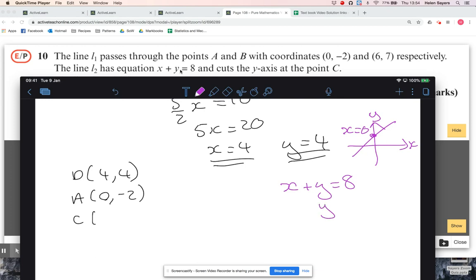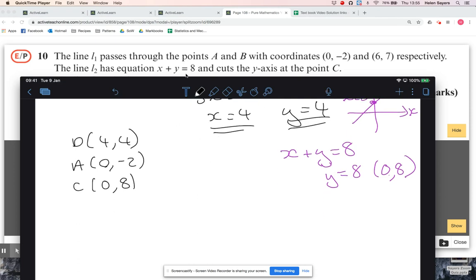So when x is 0, y is 4, so it's cutting the y-axis at 0, 4. No. So what on earth am I talking about? Okay, let's try that again. Everything was fine up to that point. So when x is 0, y is 8. Yeah, 4 in the brain. So that's going to be 0, 8. That makes more sense, because you could have actually avoided all that and just rearranged that to y equals minus x plus 8 and seen the y-intercept was 8 from that. Okay, so after that faffing around, we've got what we want.